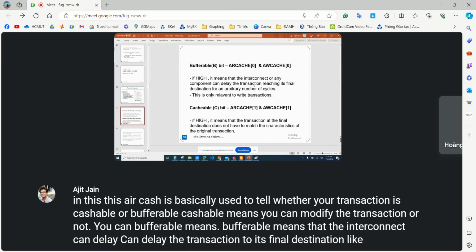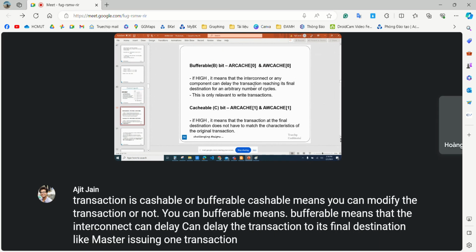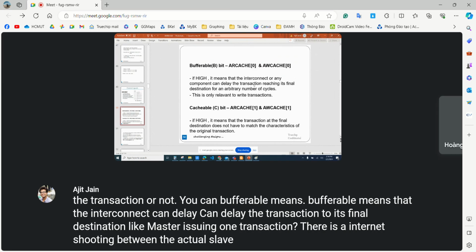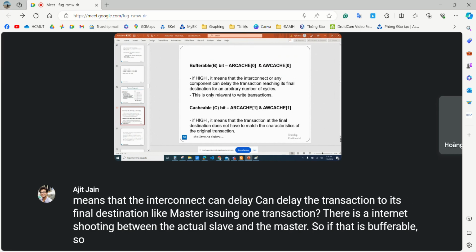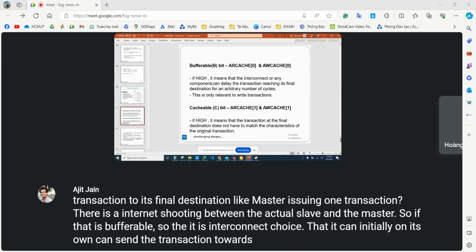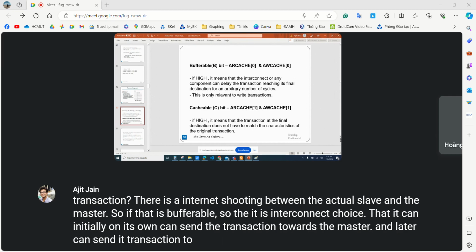Like, the master is issuing one transaction, and there is an interconnect sitting between the actual slave and the master. If that is bufferable, it is the interconnect's choice that it can initially, on its own, send the transaction towards the master and later send the transaction to the slave, not at the same time.